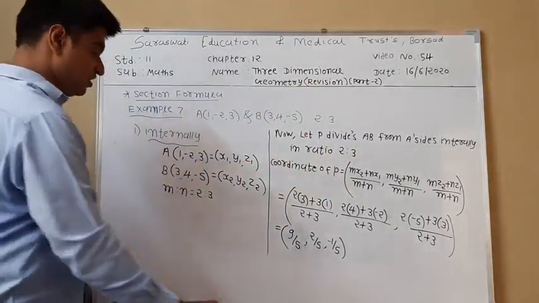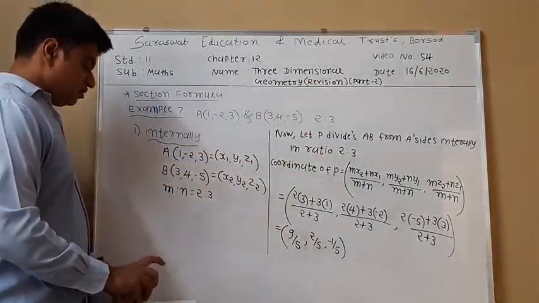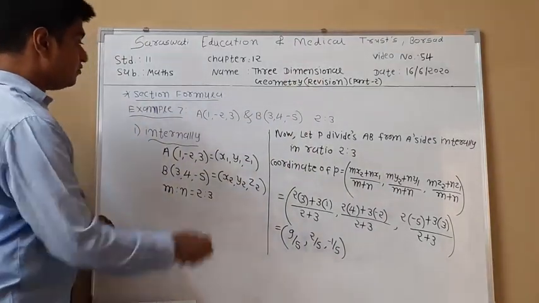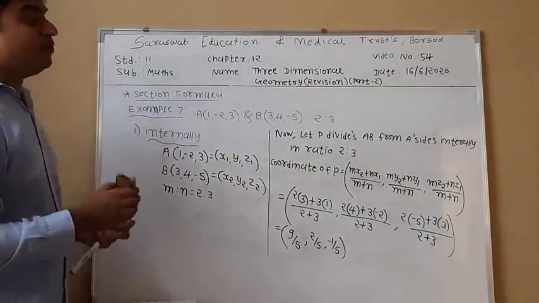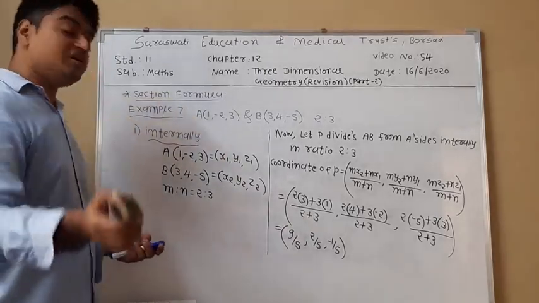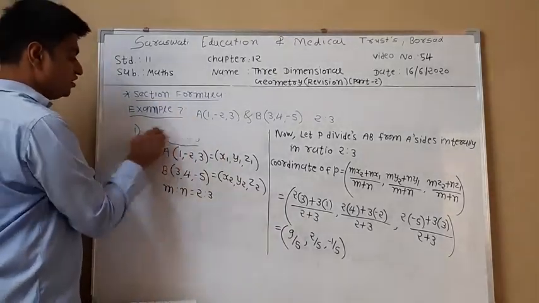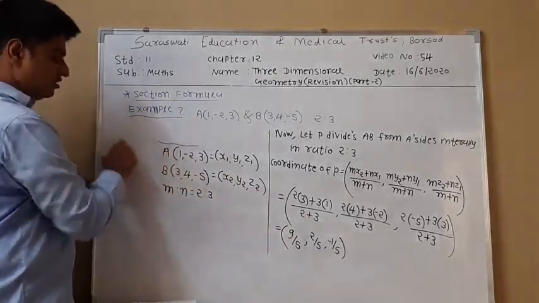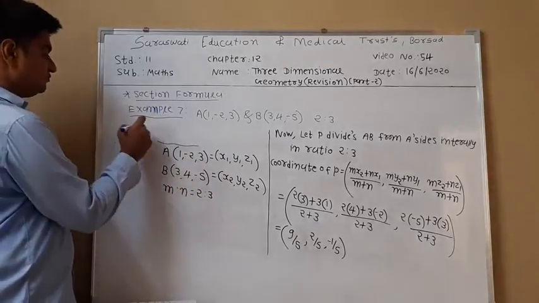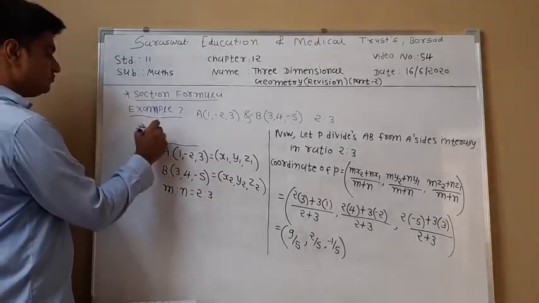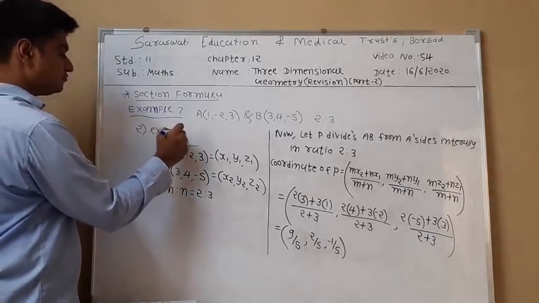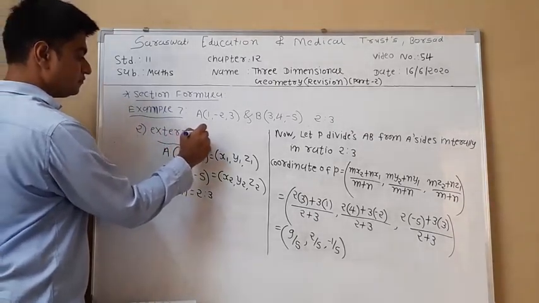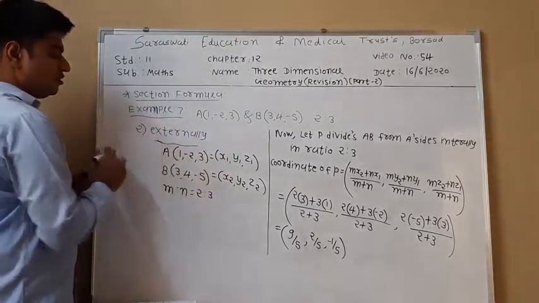Now our second question, find out P divides AB from A side externally in place of internally. So here we can write externally.